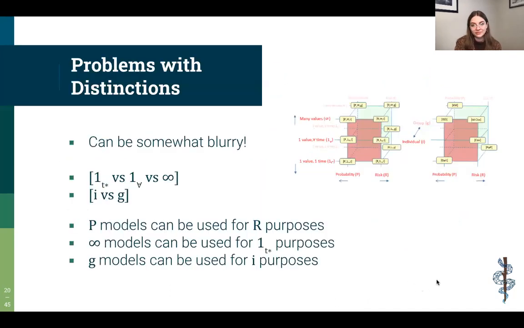Okay, like I said, problems with distinctions: this can be somewhat blurry. So, the one at a time point, one at all times, versus infinity. Sometimes for the one at a certain time point, there will be models that choose arbitrary different time points, like predicting survival at 1 year and 5 years and 25 years.